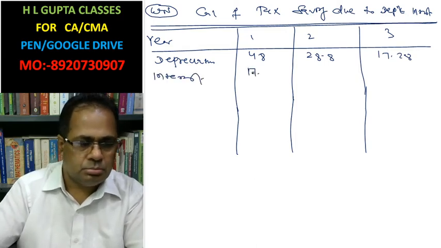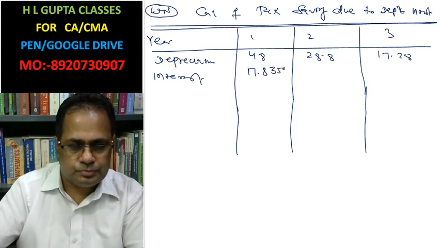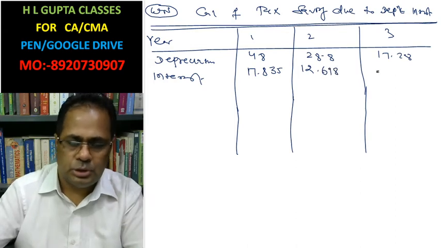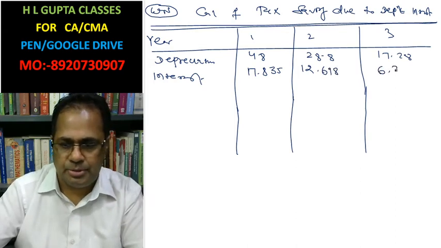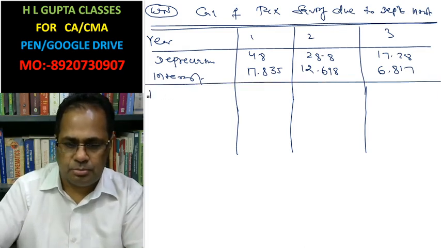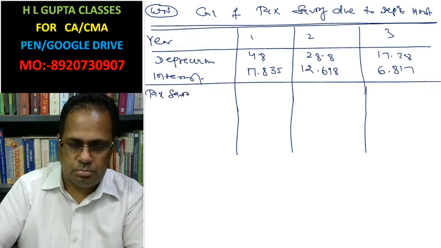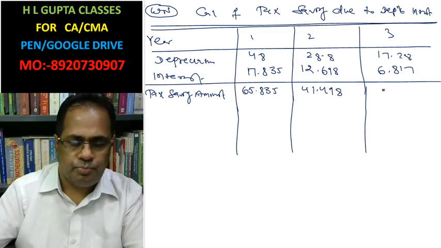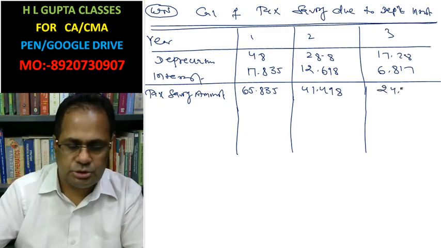Interest: 17.835, 12.698, 6.817. You write the total: 65.835, 41.498, 24.097.